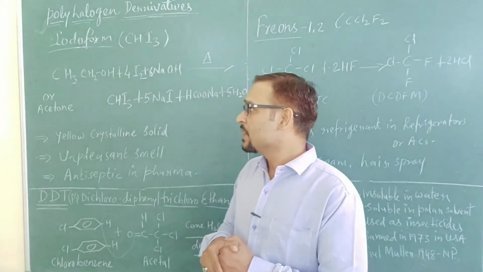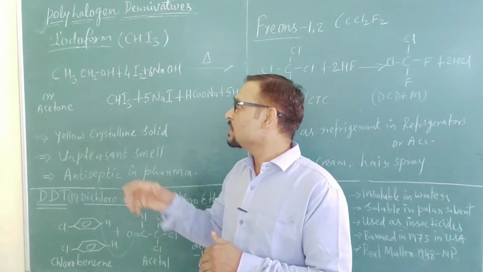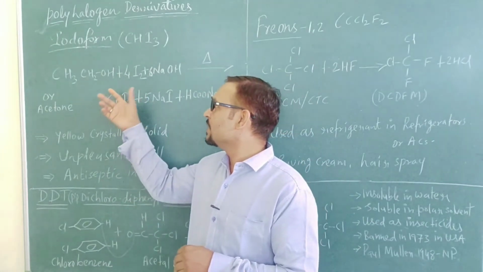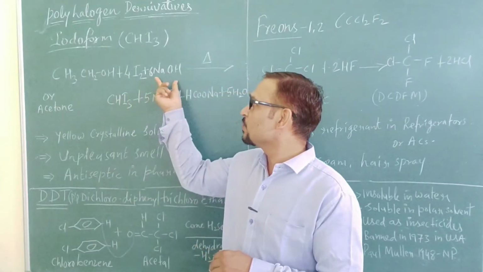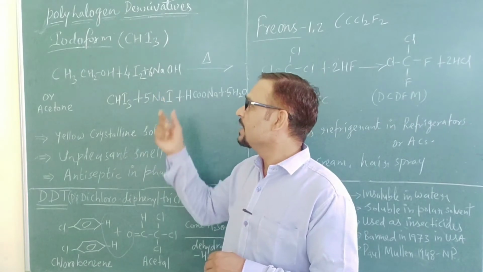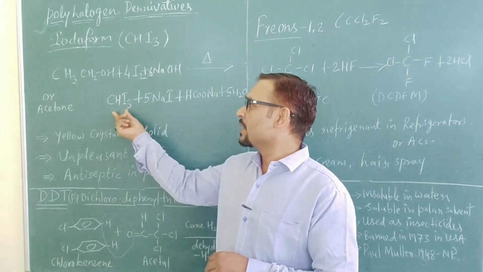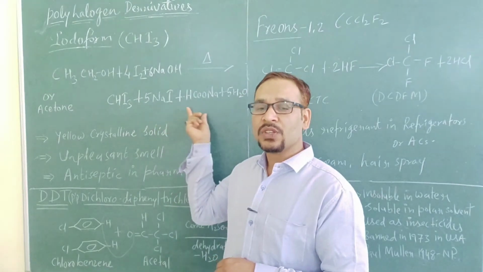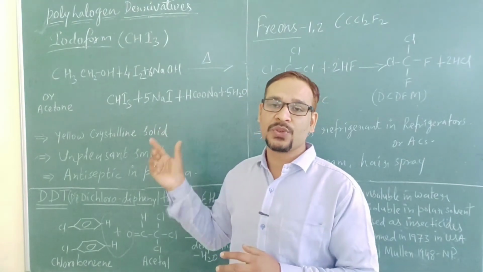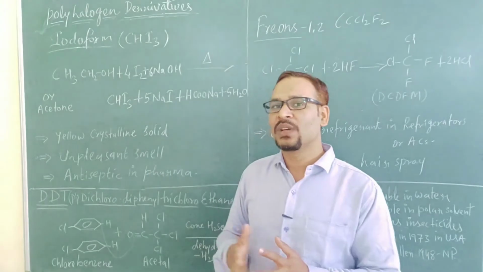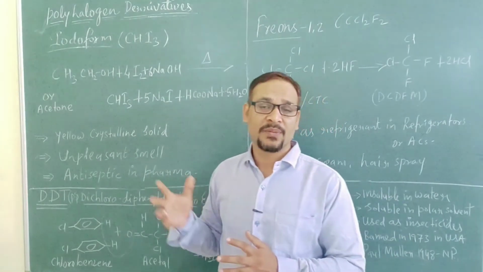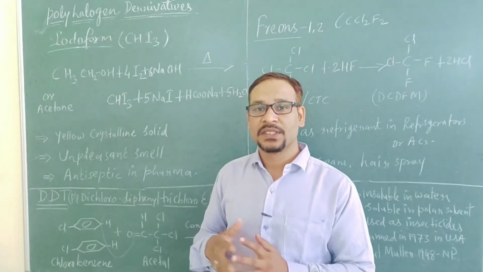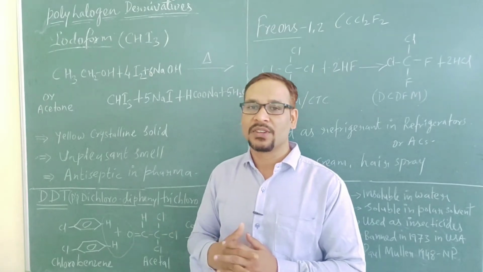So what is the preparation? For the preparation of iodoform, we require iodine and the base sodium hydroxide, and we will get 4 products: iodoform, sodium iodide, sodium formate and water. Please do remember, and definitely you have to remember because it is one of the important reactions which you will do in your laboratory.